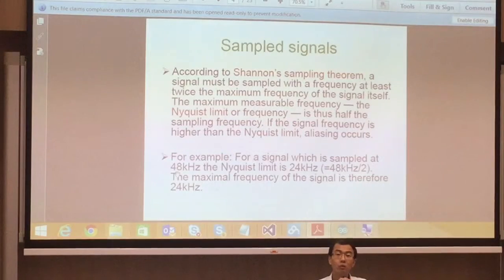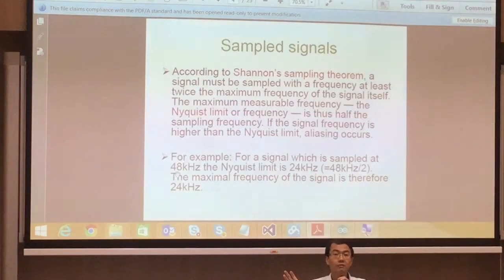Let me ask you, what is the frequency range for our voice? The range is from about 200 Hz to 20 kilohertz.